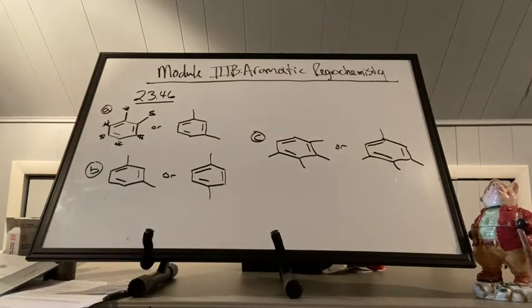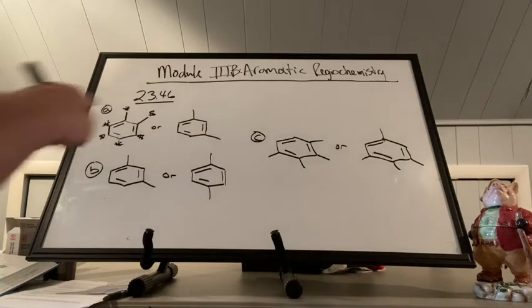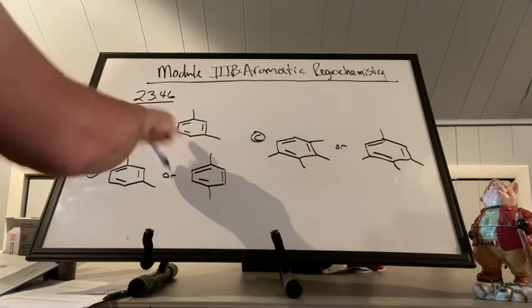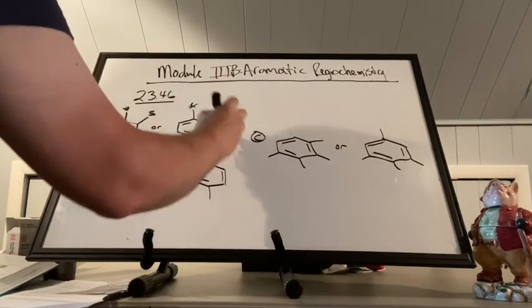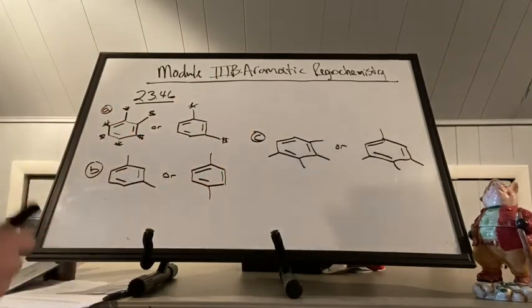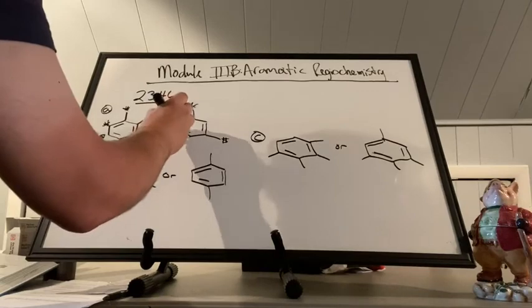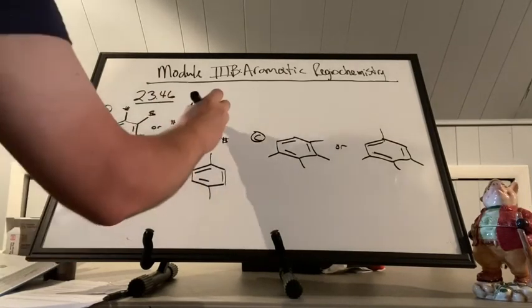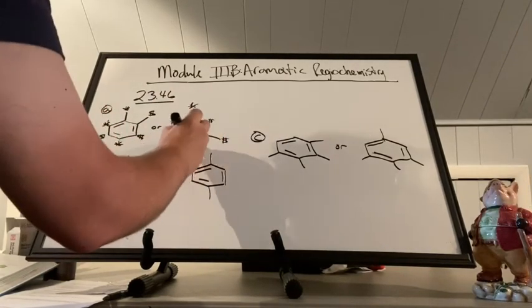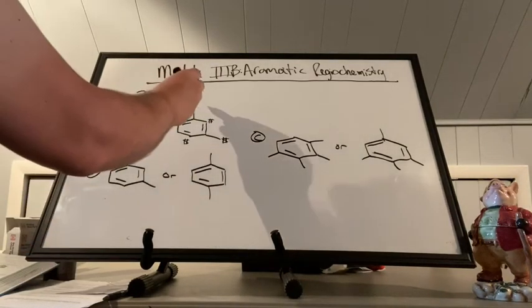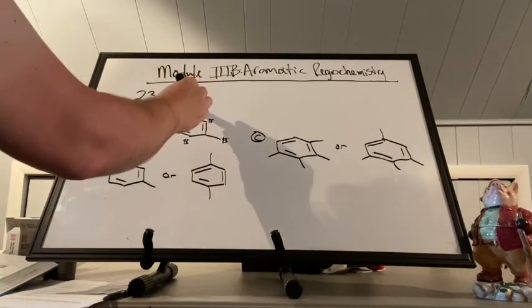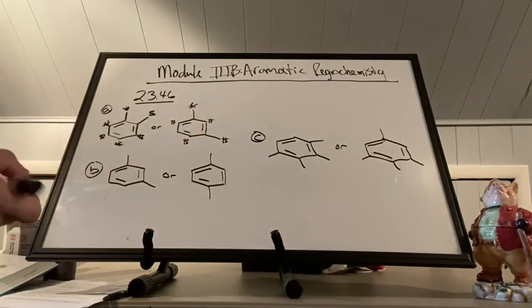Whereas with the meta-disubstituted, we'll put, again, asterisks above, dollar signs on the side here. And this is also going to be activating at the same spots.